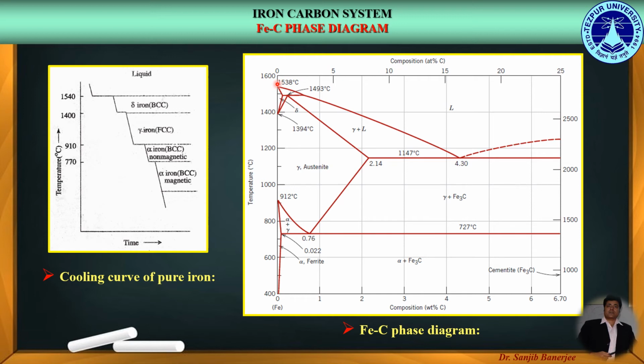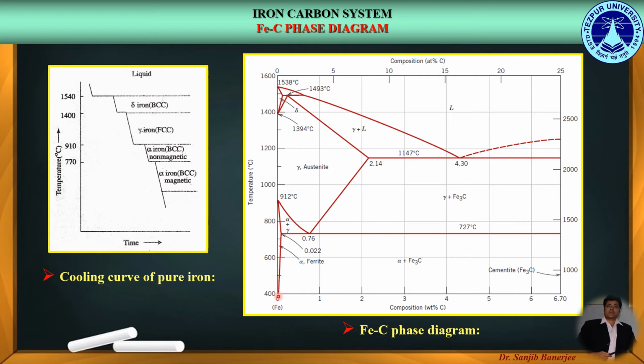Thus, as and when the carbon forms the interstitial solid solution with the different forms of pure iron, we get the different phases at different temperature ranges in the iron carbon phase diagram.